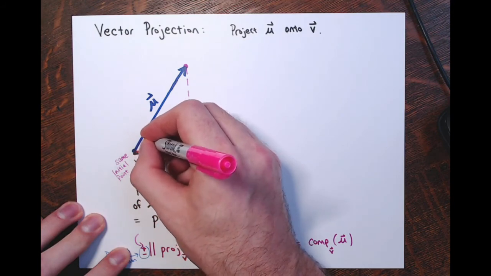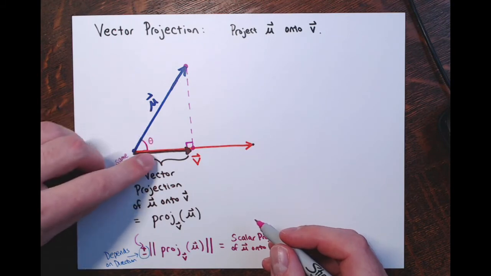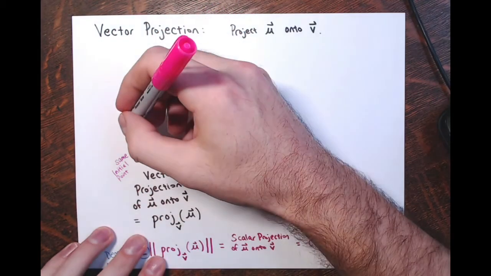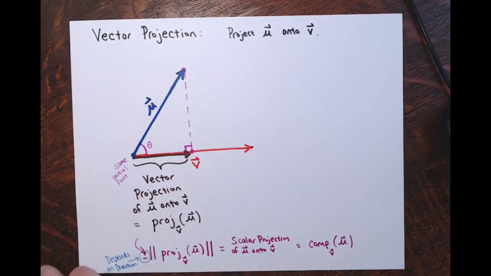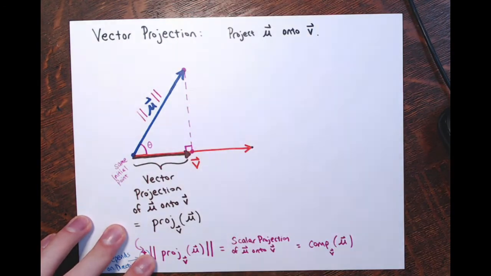All right, so looking at this right triangle, we've got this angle here, this angle I'll call theta. Theta is the angle formed by u and v. And you've got the lengths of these sides. The length of this side is the magnitude of vector u.